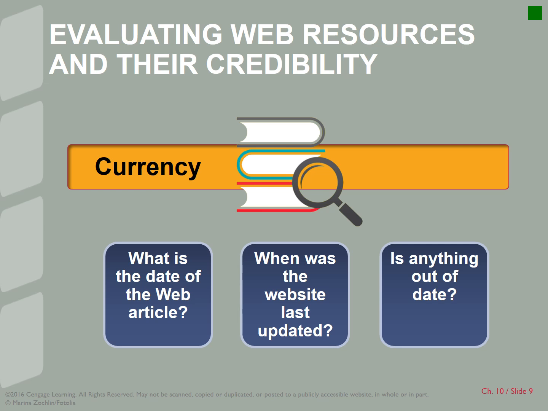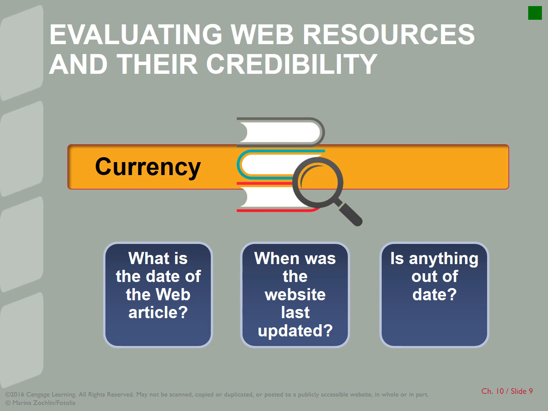What is the date of the web article? If I'm talking about cell phones and choosing a phone to purchase, and I find an article from 2007, clearly that is out of date and not necessarily a credible source or even a current source that we would want to use.